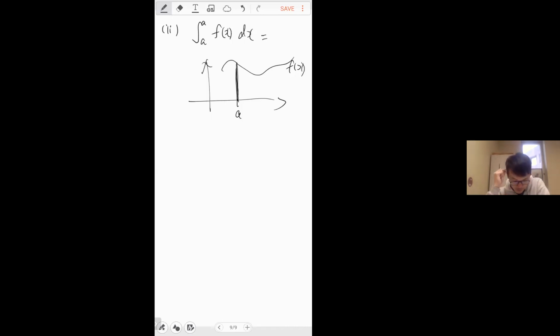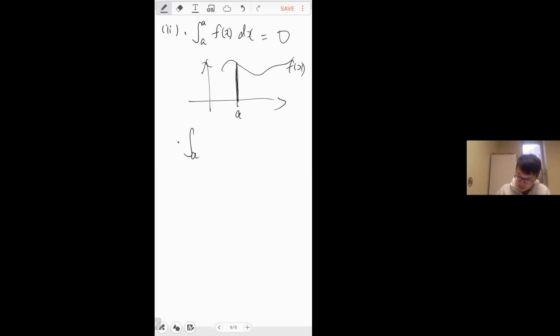No. If it doesn't have any width, that means the width is 0, so the area should be 0. So in general, if your lower limit is the same as the upper limit, the integral is 0.